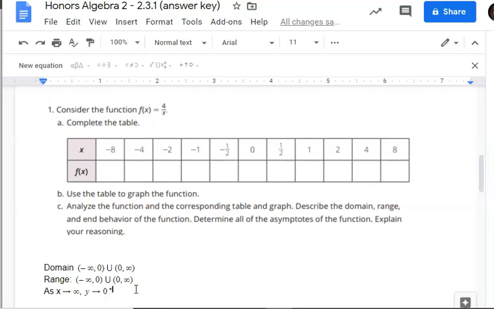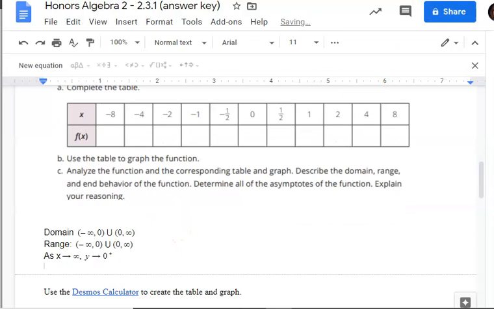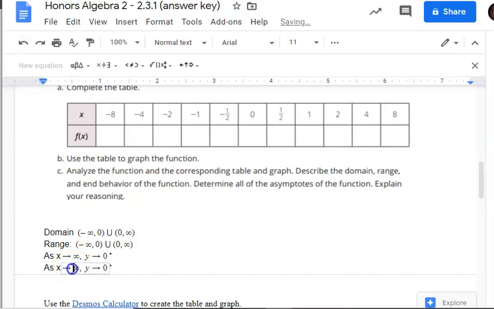So that's how you would say that. Okay, on the other side, as x approaches -infinity, so I'm just going to copy this. So we're going to say as x approaches -infinity, y approaches 0 from the bottom. So that's going to be a minus sign, not a plus sign.